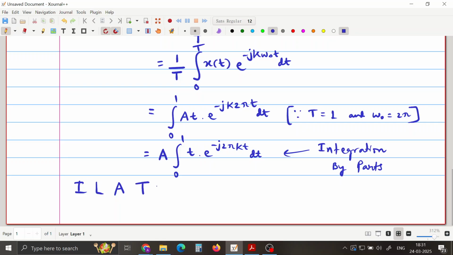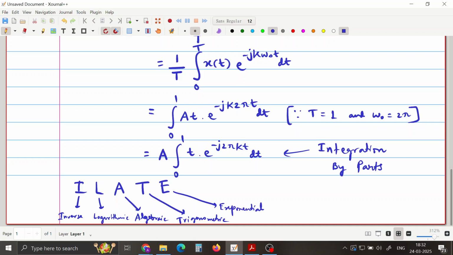I stands for inverse, L stands for logarithmic, A stands for algebraic, T stands for trigonometric, and finally E is the acronym for exponential functions.